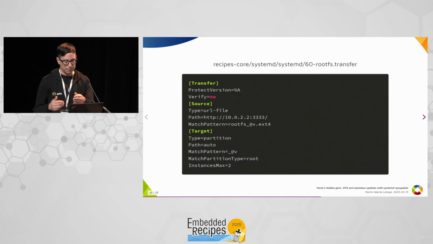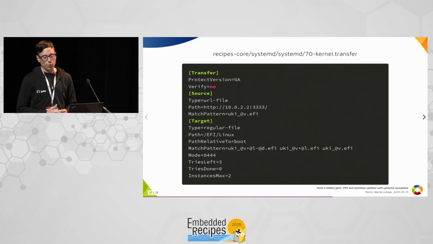So I'm putting there the URL of my update server, and I'm giving it some pattern for it to understand which of the resources that it is serving through this web service corresponds to this resource. And then the Target, which in this case is a partition of type root, and is going to match with the underscore image version. That's what the V there is standing for. And I'm only going to have 2 instances for this, because I'm only interested in an A/B schema.